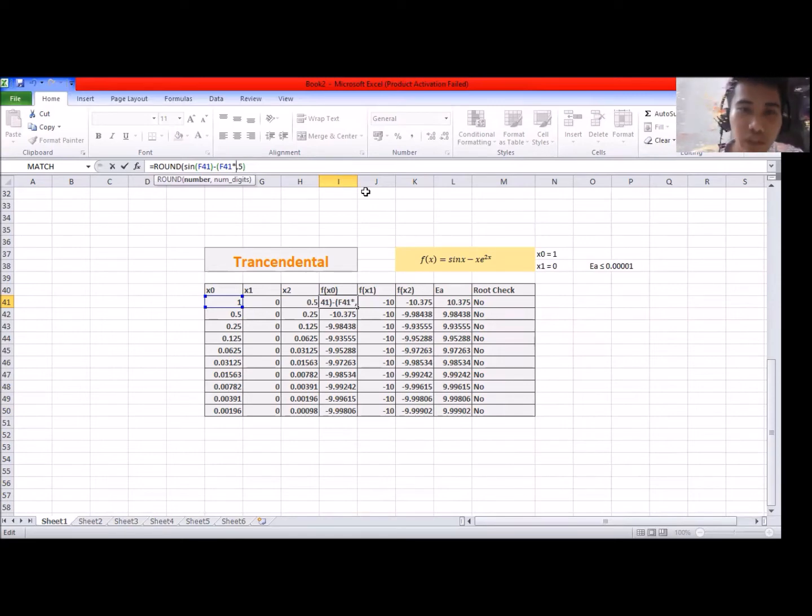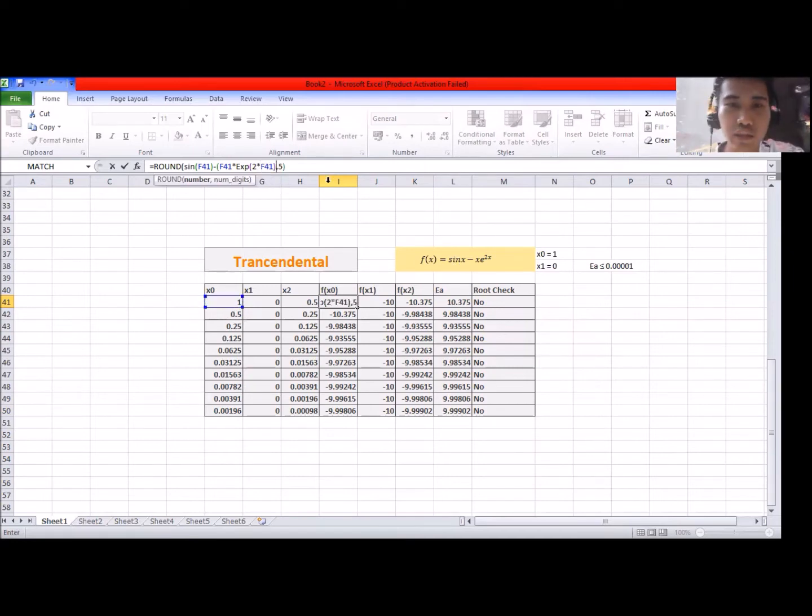Let's write the exponential, exp, and then open close parentheses again. The initial and the power of the exponent x of 2, then x multiplied by x of 0.